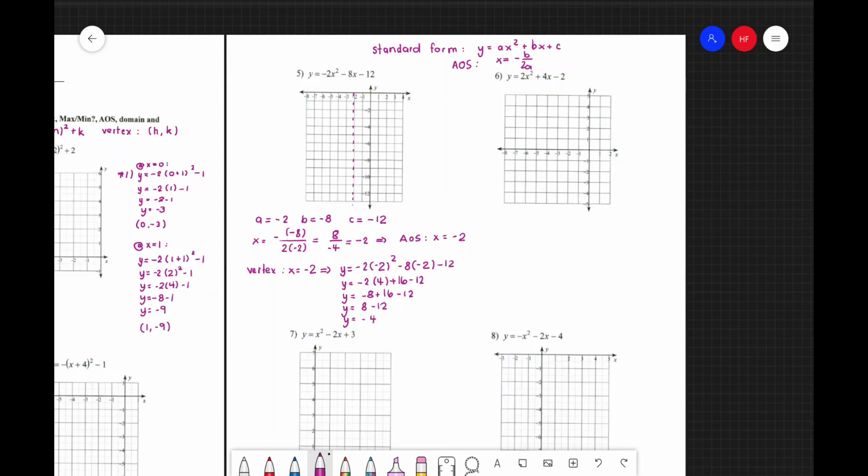So the vertex is the point (negative 2, negative 4). This is our vertex. So since we have a negative in the front, that means we are going to be facing downward. If we're facing downward, we have a maximum. So my vertex is a maximum.